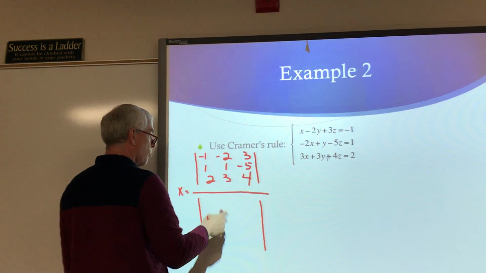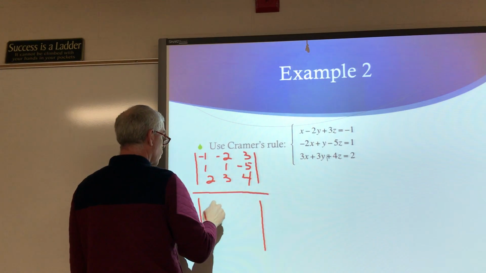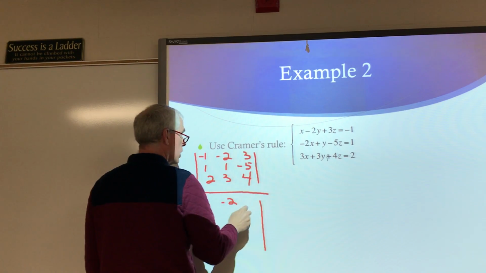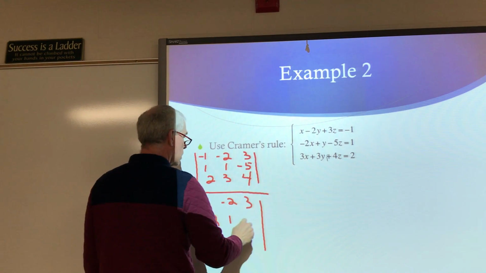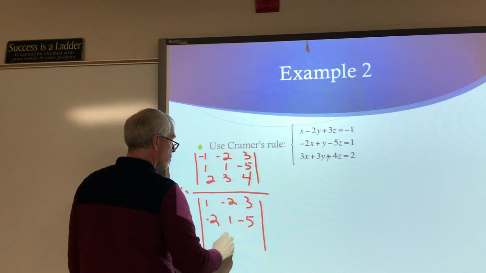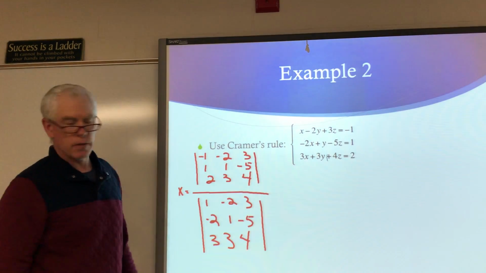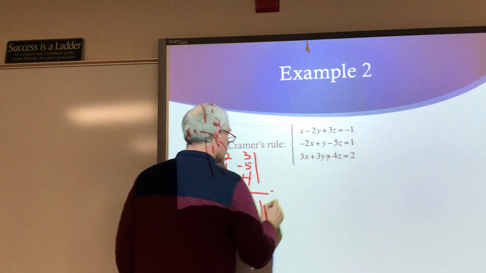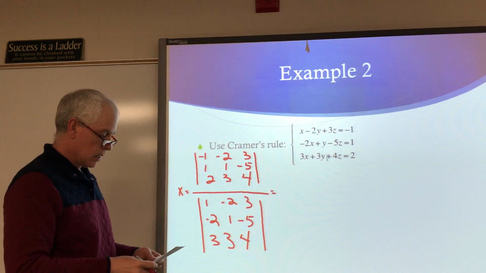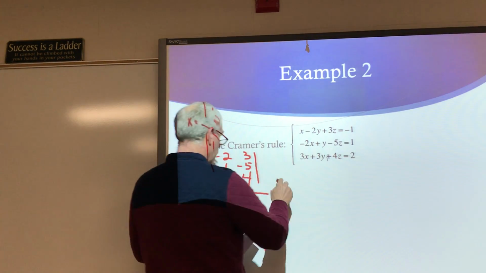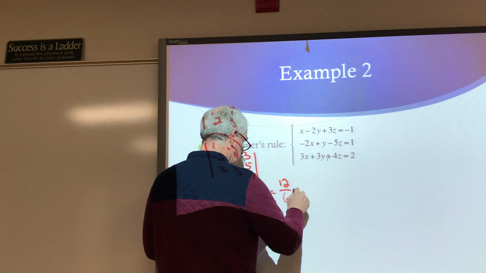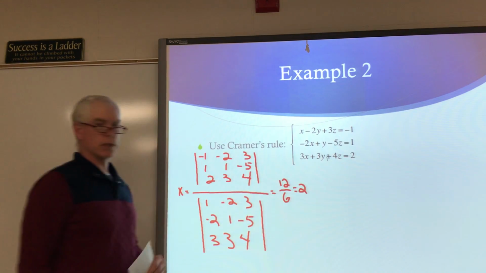On the bottom, the coefficients. So 1, -2, 3, -2, 1, -5, 3, 3, 4. And then use your calculator to find the determinants here, guys. You don't have to beat yourself up and do this by hand. So on the top, the determinant is 12. On the bottom, it's 6. So x has to be 2.